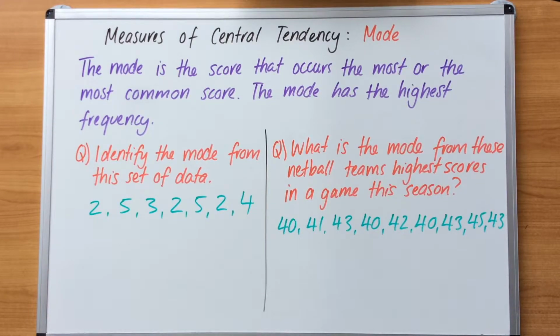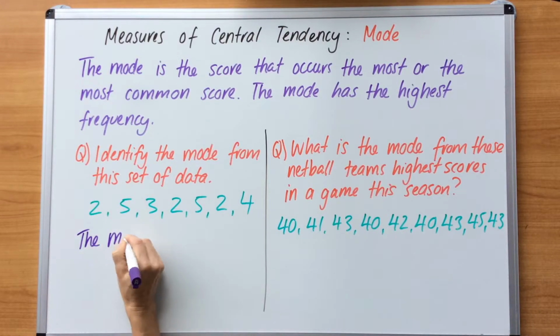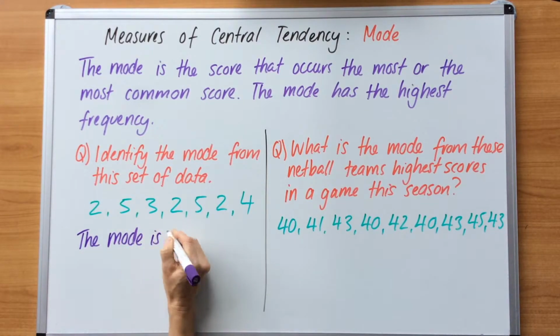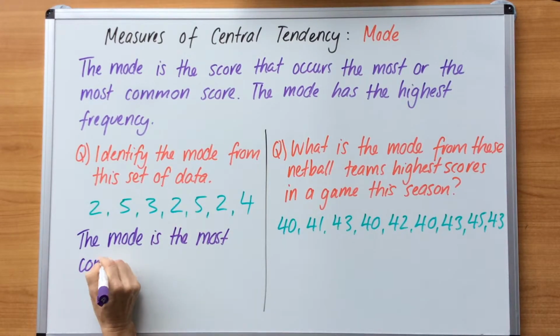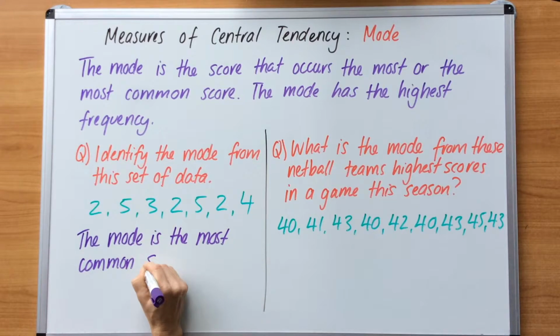So first thing I'm going to do is write the rule, or what actually a mode is. So the mode is the most common score. Okay, and now I'm going to have a look to see which is the mode.